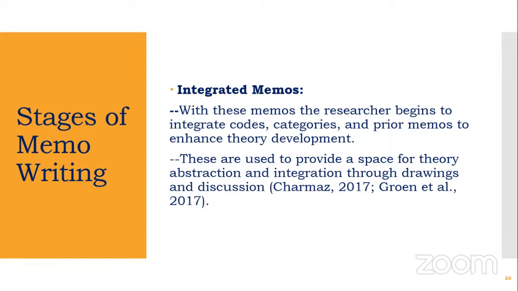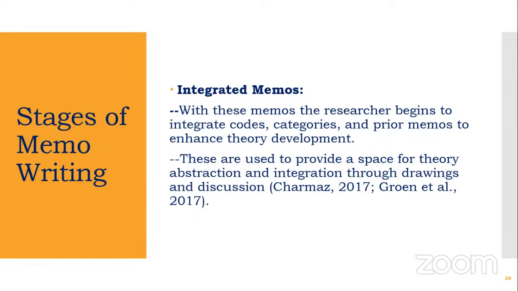So you have already developed the open codes, then maybe identified some axial codes, or some focused codes you have already identified. Then you are trying to integrate these codes and categories and trying to develop certain relationships among the categories which you have identified. There we do the integrated memos.